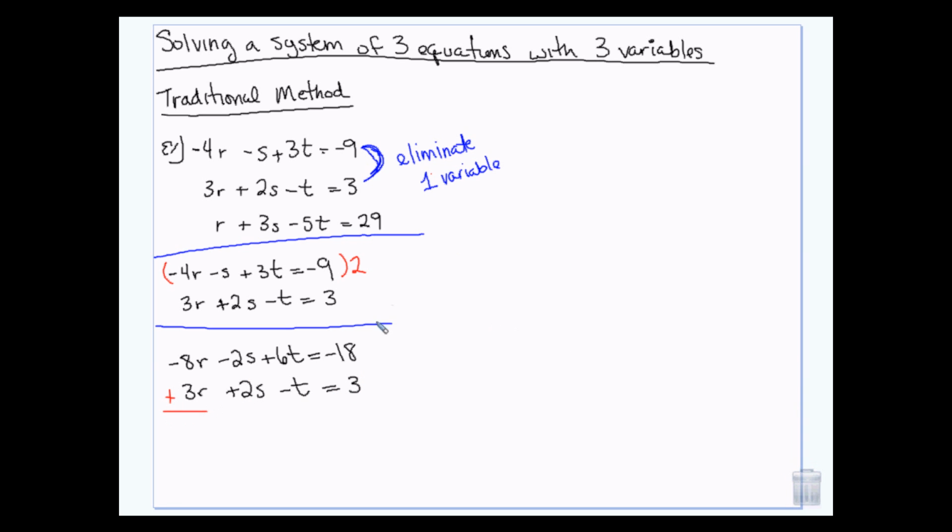And add those together. And what I end up with is negative 5r, my s's will cancel, plus 5t equals negative 15. Okay, so now I'm down to two variables.